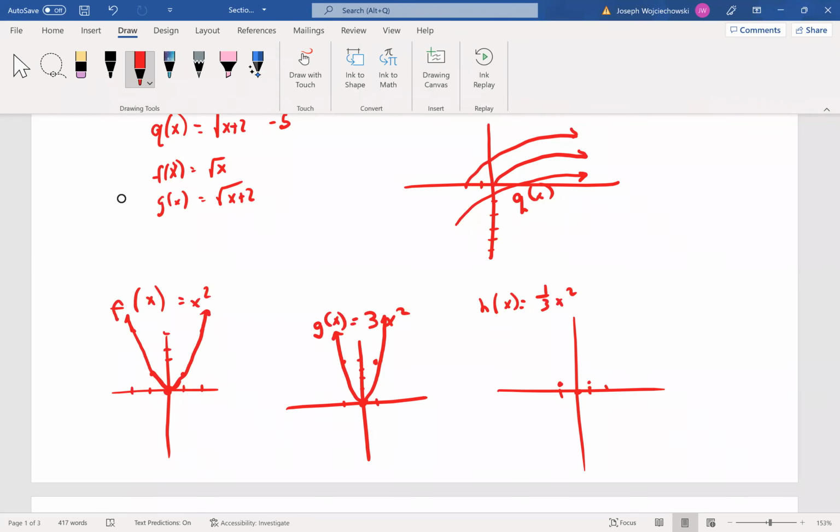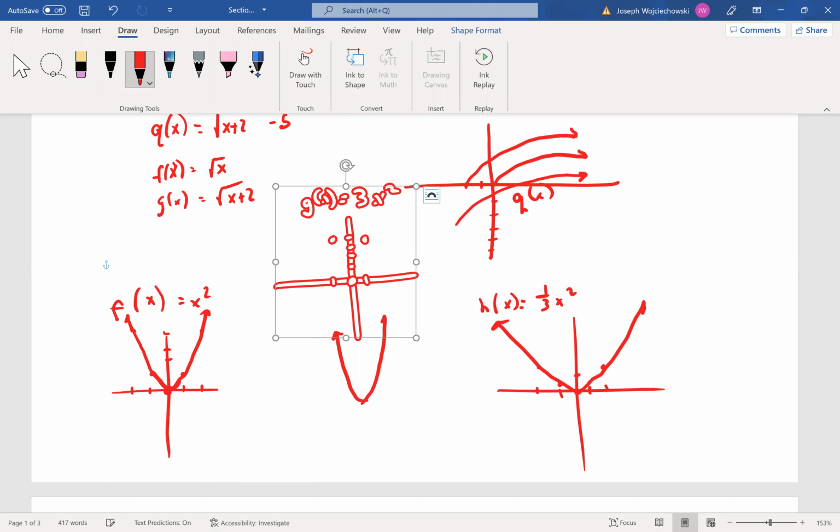When x is 2, x squared is 4, so we get 4/3, which is a little over 1. And we're going to get the negative as well. You see what's happening here: again, the same general shape, but we're stretching it out. Which brings us to our next thing here.